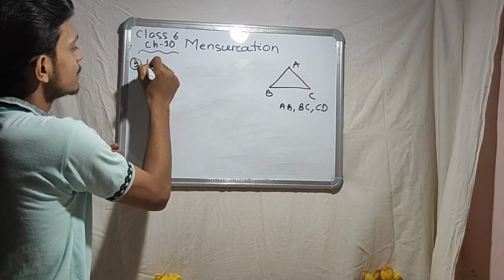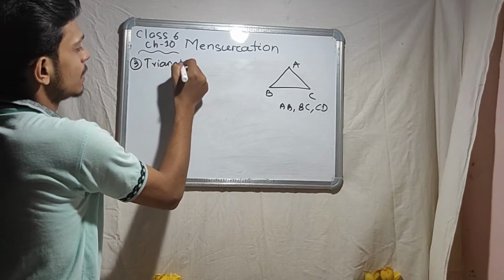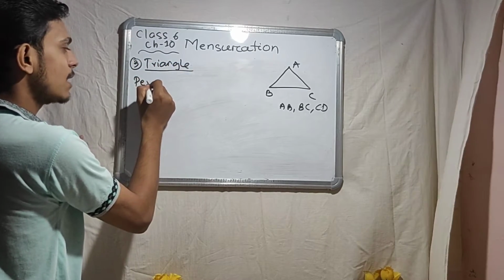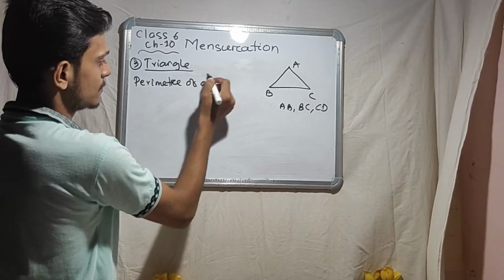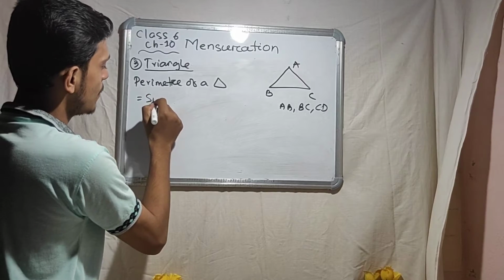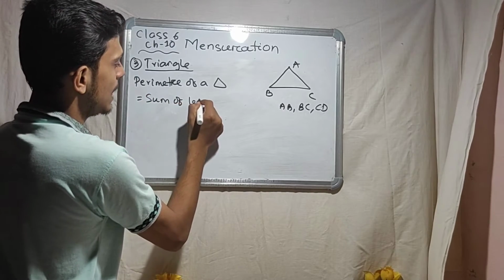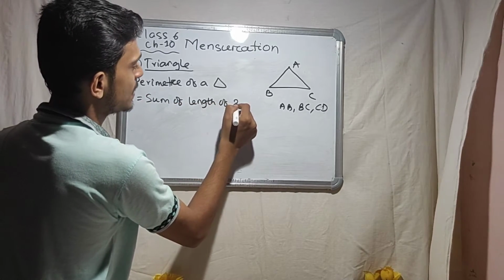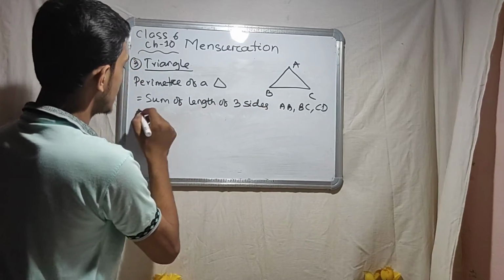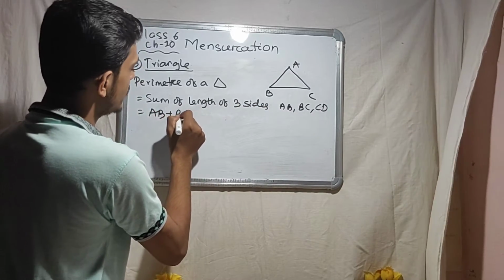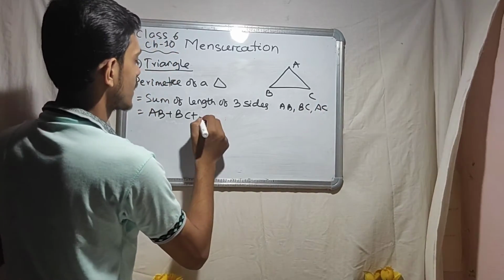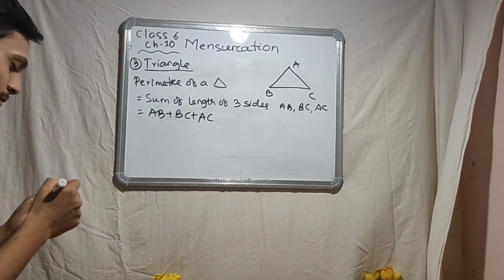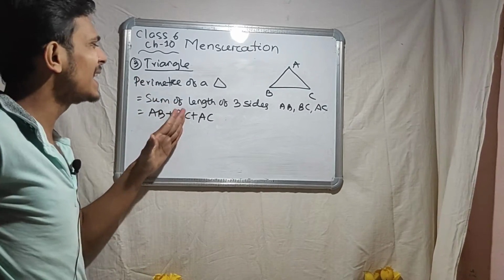So the perimeter of a triangle is the sum of the length of 3 sides. So that is AB plus BC plus AC.